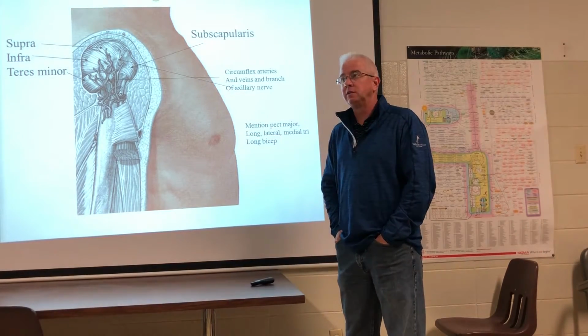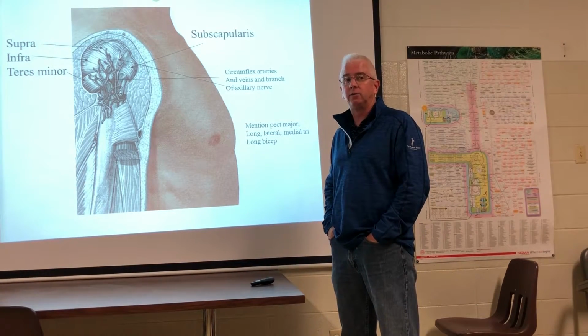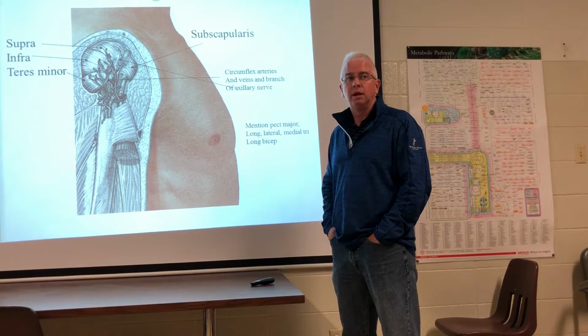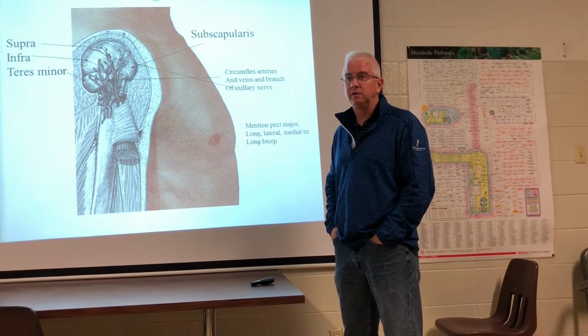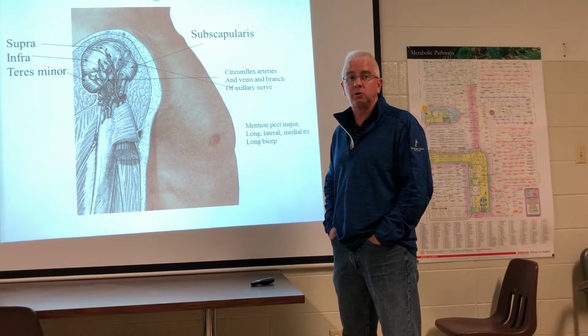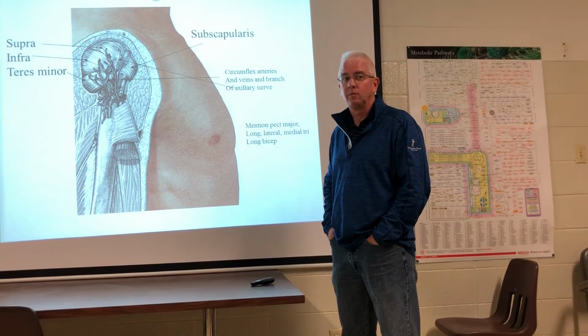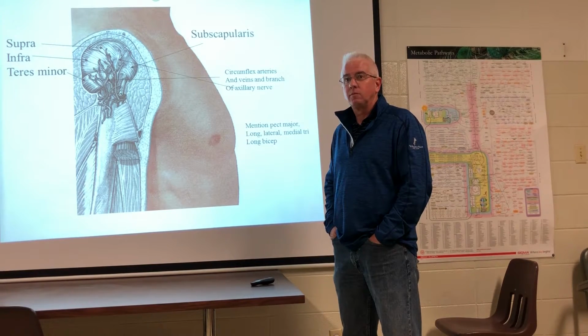So if you're going to disarticulate the head of the humerus out of the glenoid cavity, if some crazy person says, all right, I want to dislocate my shoulder, you're an anatomist, tell me how to do that. What do you tell them? Which way will it come out easiest?